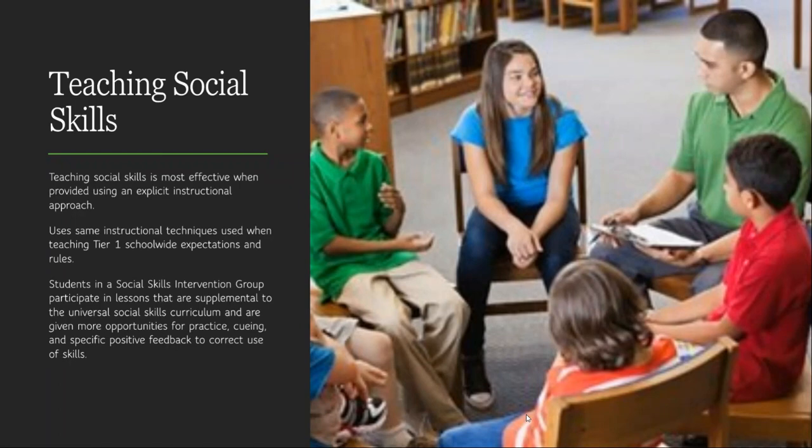Students in social skills intervention groups are going to participate in lessons that are supplemental to the instruction they're receiving in tier one PBIS, which is basically that universal social skills curriculum. Students in these social groups are going to be given more opportunities for practice. They're going to receive more cueing and more specific positive feedback to correct the use of those social skills that they are learning.